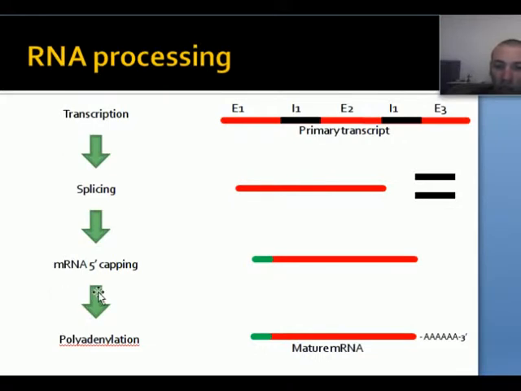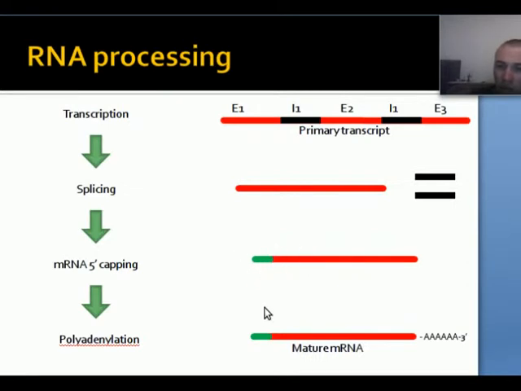So this is the splicing step. We also have messenger RNA 5' capping. This capping is a portion added to the 5' extreme of the RNA. This has many functions. First of all is the regulation of nuclear export.